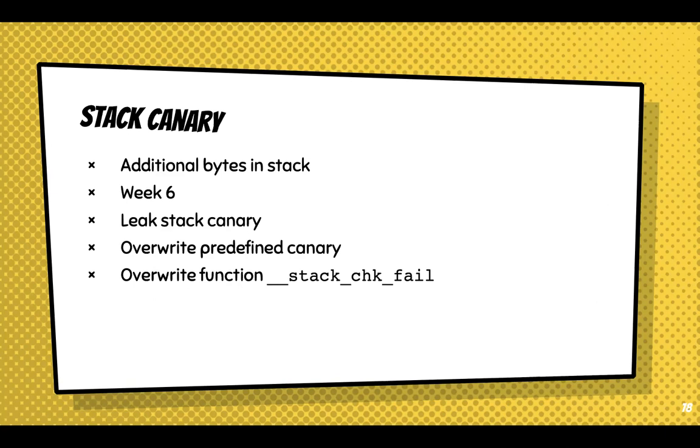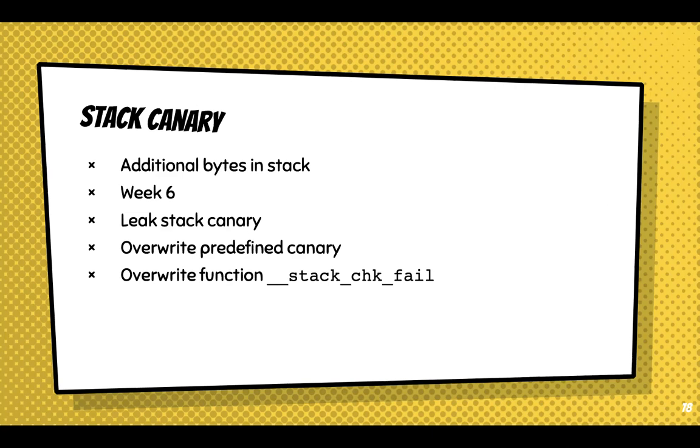The predefined canary also resides in memory, so if you have a huge overflow, you can overflow from the current function's stack all the way up to a higher address until you hit the predefined canary. So you can change the value over there, and you also change the value over here in your stack. You want to change both places, and as long as you make these 2 places the same, you're good.